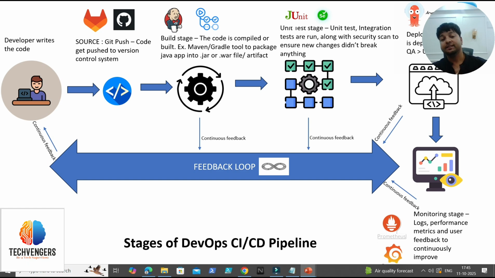If there is an issue, let's say a test fails, after the build the artifacts are generated, and if a test fails or the build breaks, the system automatically notifies developers. It gives continuous feedback and informs the developer, and they can easily fix it, because what they have just pushed is a small line of code. It's not the complete code.